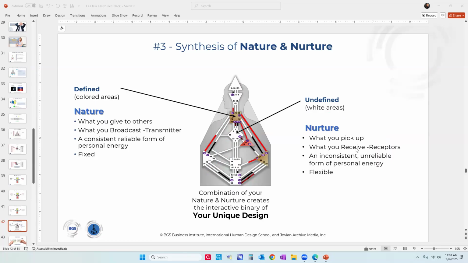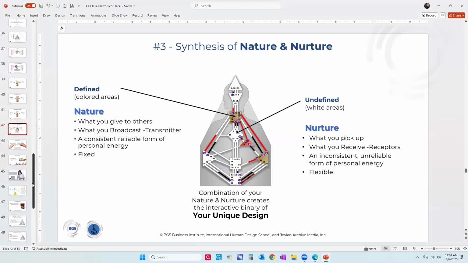Some people can look really defined, some people can look wildly open, and they could both be Expression Builders. So the way that these things come together to form our unique design and experience is really endless, I think is one way to put it.